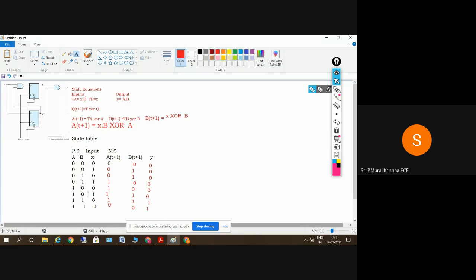Okay, so this is the state table here. Now I want to tell you the two differences here. Check the output column. The output is not dependent on inputs.